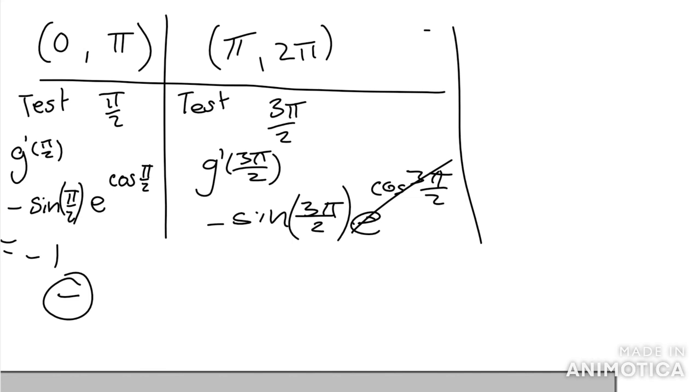3 pi by 2 goes to -1, so I have a negative -1, so it's going to come out equal to +1. So my sign here is positive.